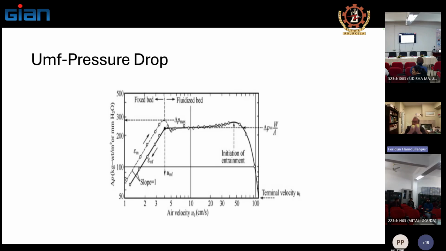The gravity force is overcome already. This remains so until you start blowing air so high that you're losing these particles, and they're no longer in suspension.